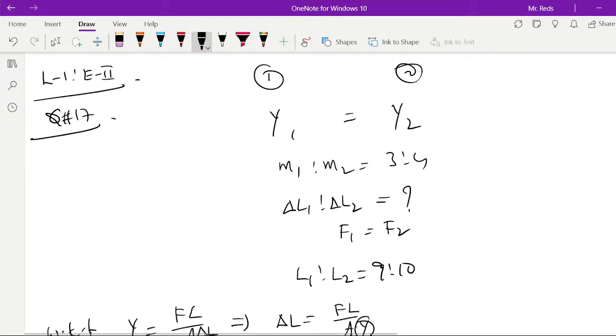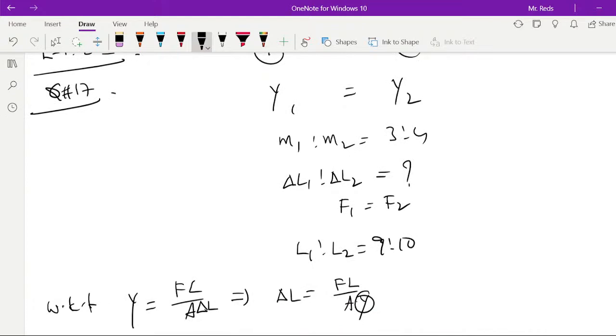Did they mention anything about area? Wires of the same material have masses in the ratio. The ratio of their extensions under the same load. Load is the same, so F is also the same. Y is the same, F is the same. Length ratios are given.